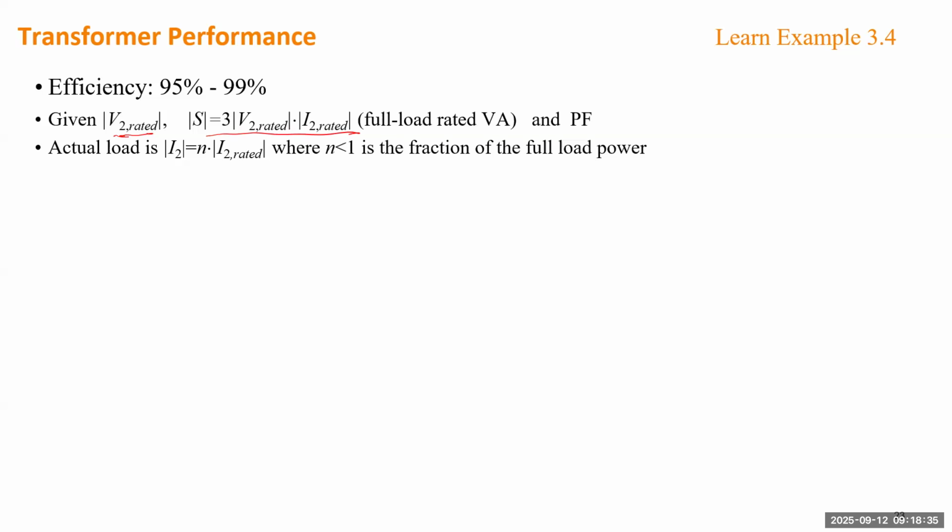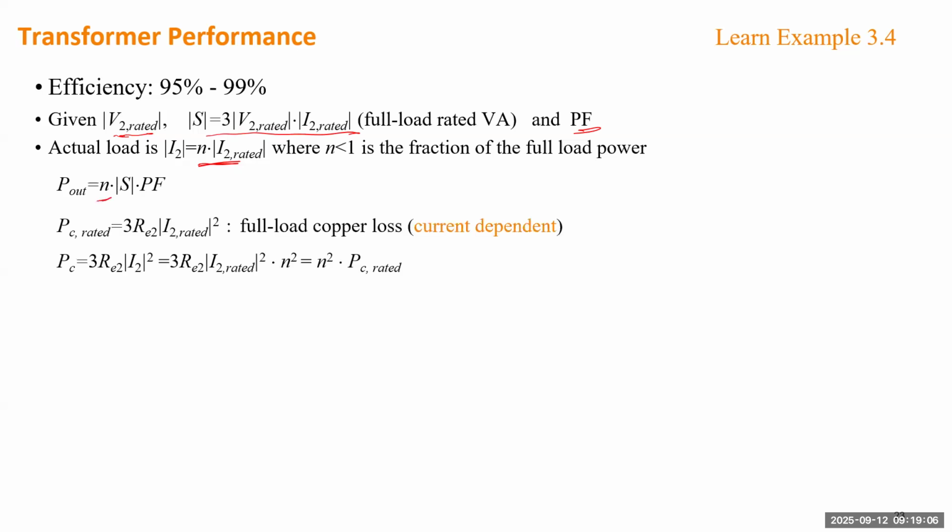And also, if we know the power factor, the actual load current is the rated current multiplied by a fraction. So we use n, and n is less than 1. If you are operating the transformer at 50% of load, n will be equal to 50%. So actual power will be apparent power multiplied by power factor, then multiplied by this fraction. So that will be the actual power.